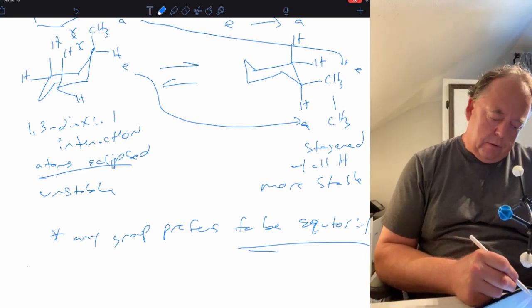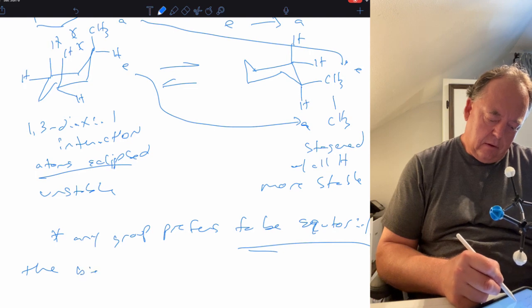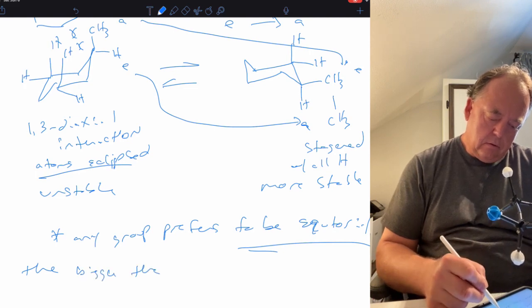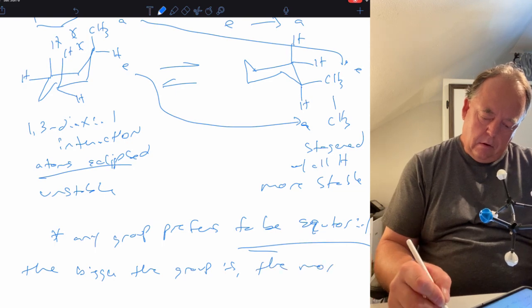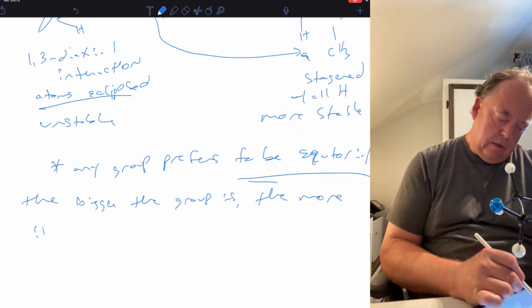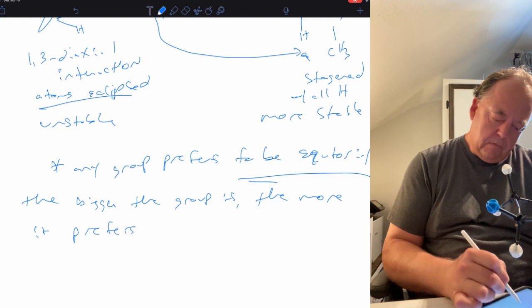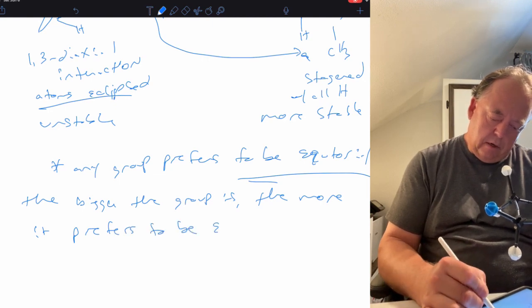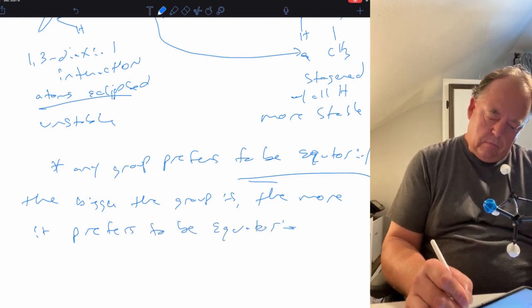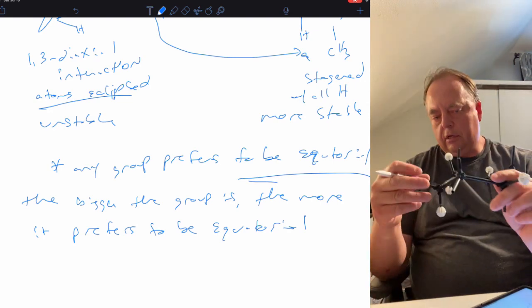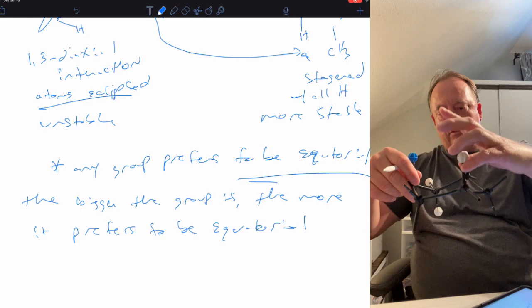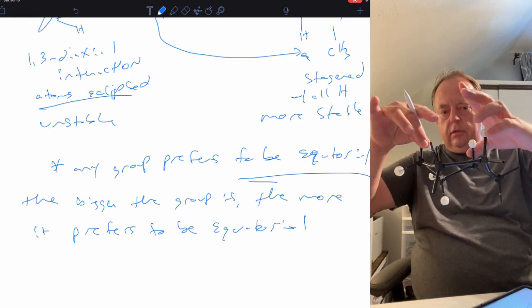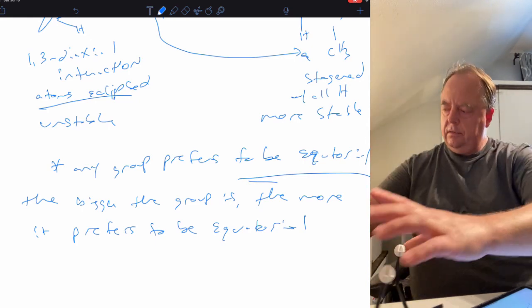And the bigger the group is, the more it prefers to be equatorial. So simply it's got more space if it's in an equatorial position, because if it's in an axial position, then these 1, 3 diaxial interactions destabilize it.